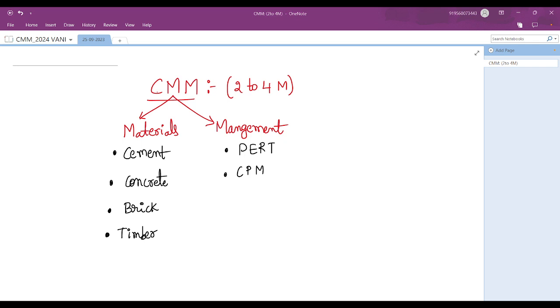After the sessions, revise and practice the questions. And again, before the examination, revise it once. That's it. This is the strategy.